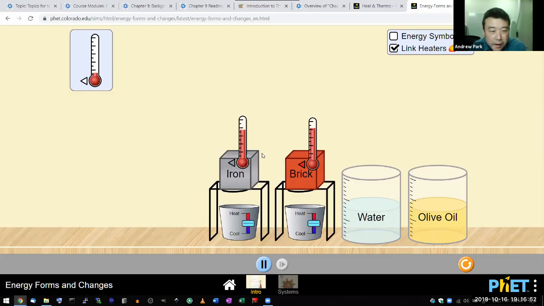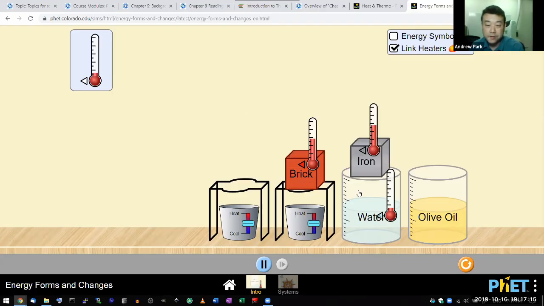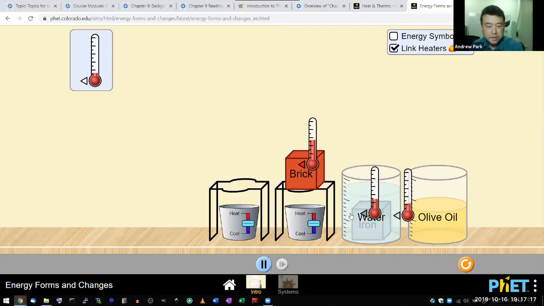And okay, when I don't apply heat anymore, I don't know what's going to happen. Is the brick block going down faster? One way to cool down these things is to put them in water. When you put the iron in water, the temperature of this block changes a lot.